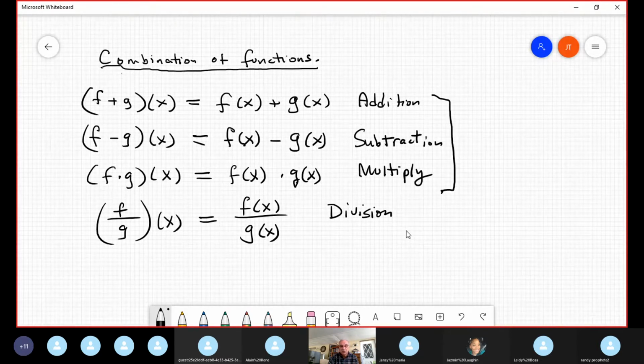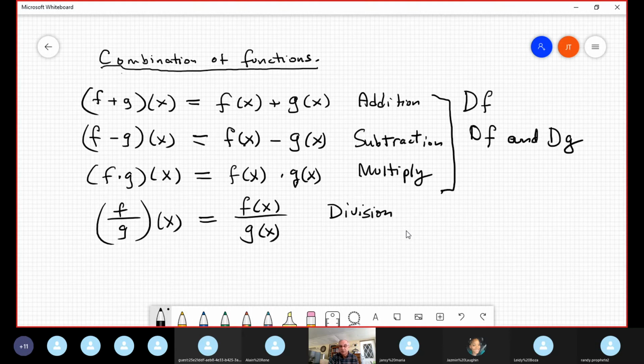Well, okay. And this is always the same. The domain is equal to the domain of f and the domain of g. In set theory notation, it's the domain of f intersection the domain of g. So that's the part which both domains share. We have overlap.